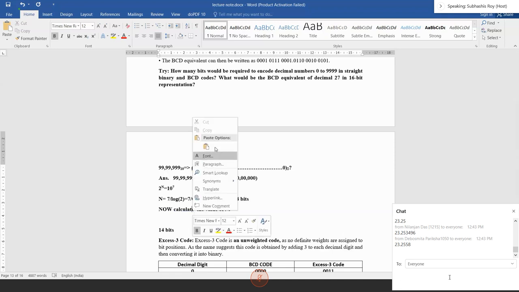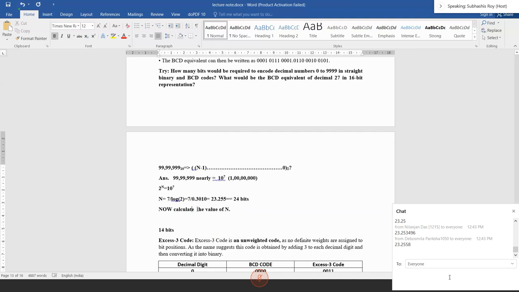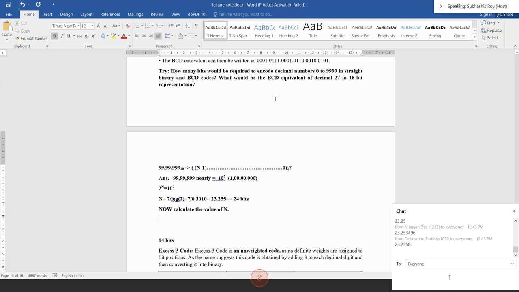This is how you can calculate, for any given decimal number, how many bits are required to represent it in binary. Now the question is how many bits are required for BCD. How many digits are there? 1, 2, 3, 4, 5, 6, 7 digits.